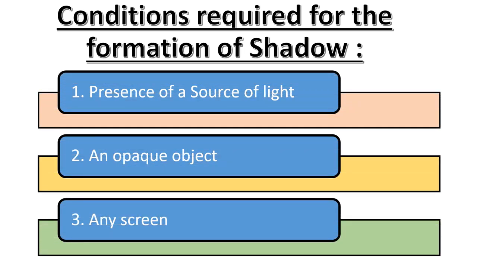For the formation of shadow, we require some things. Number 1. Presence of a source of light. Number 2. An opaque object. And number 3. Any screen.